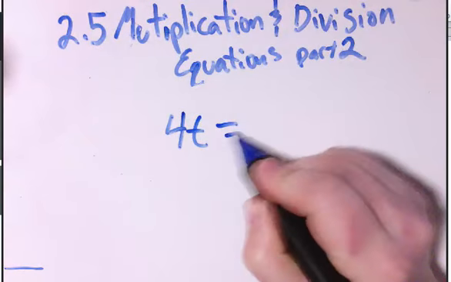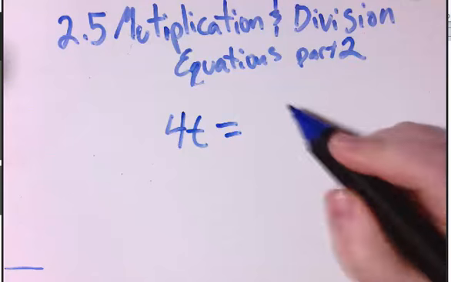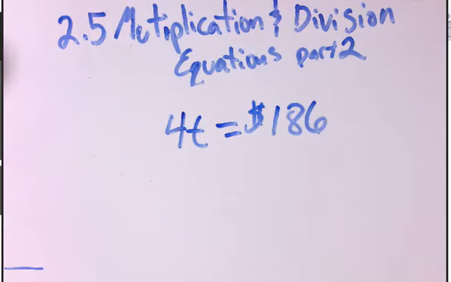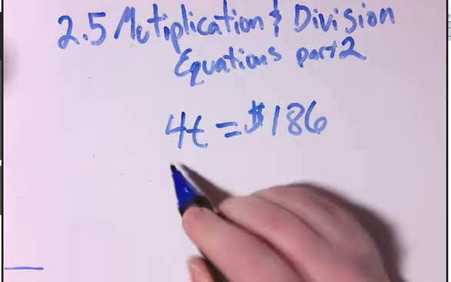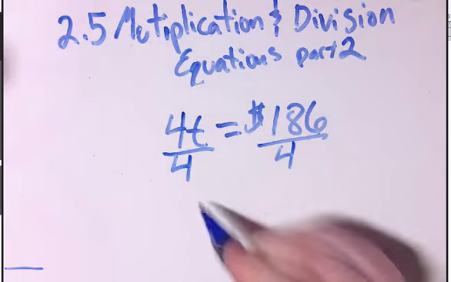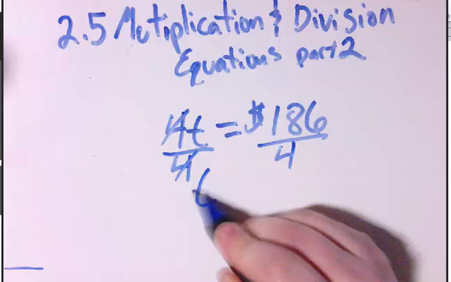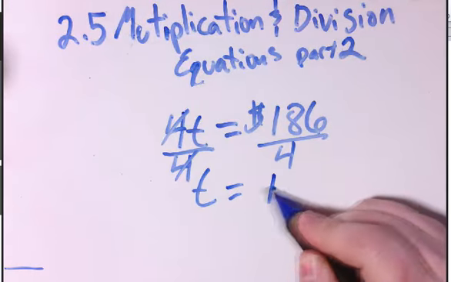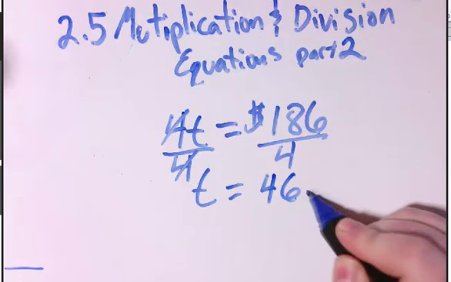And together, the tickets were $186. So now we just solve for T. So divide by 4 on each side. So each ticket was $46.50.